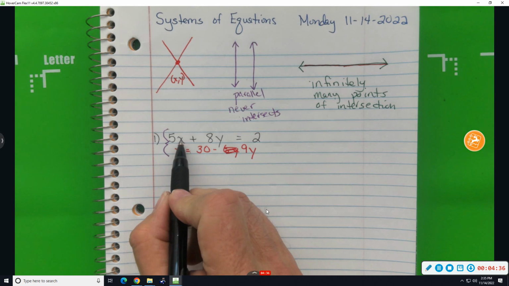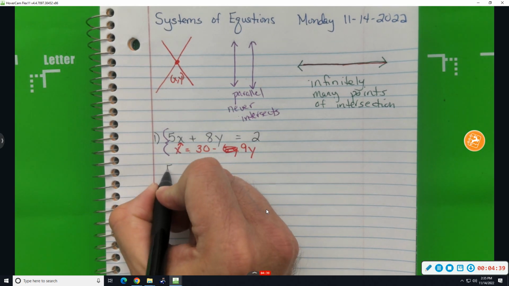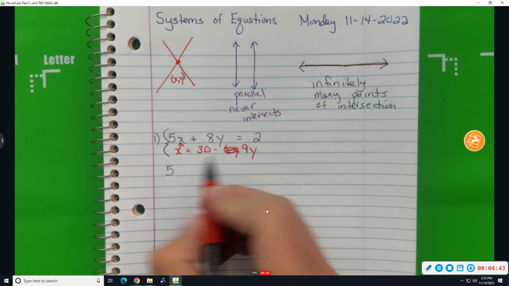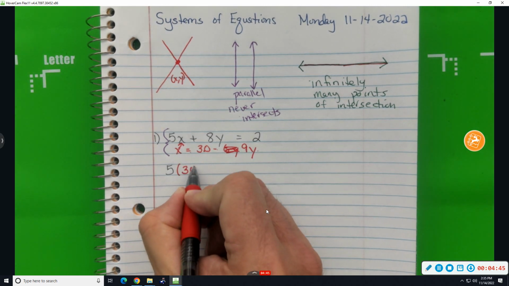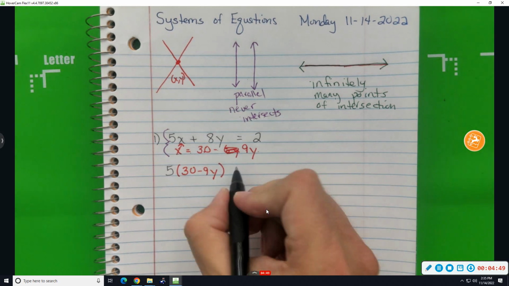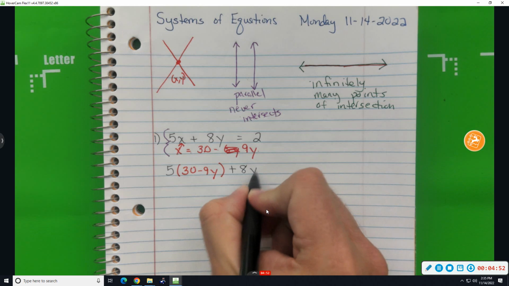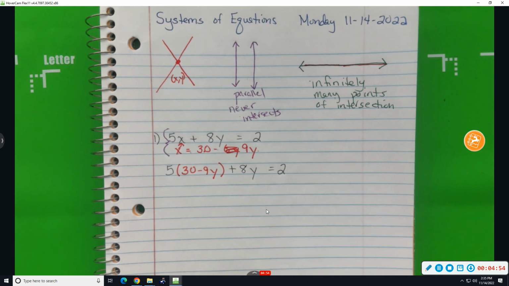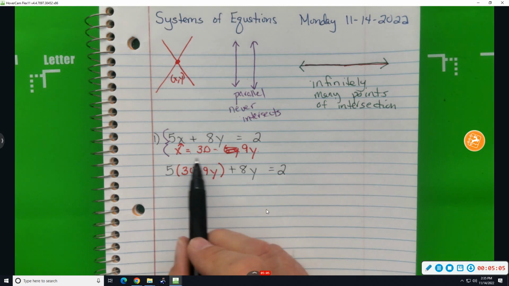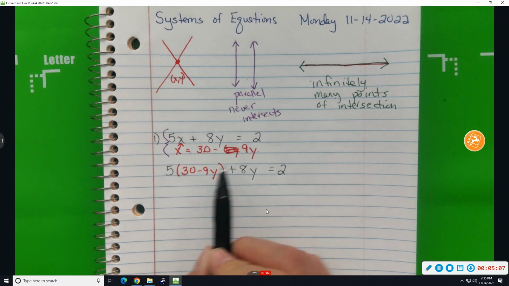If we replace this x with 30 minus 9y, we're going to get a linear equation that we know how to solve. That's why the name of this method is substitution. We're substituting in for x. Now we're going to solve for y.